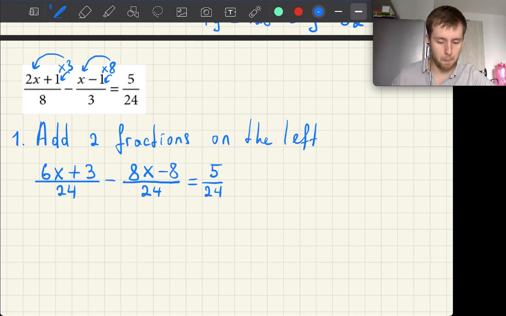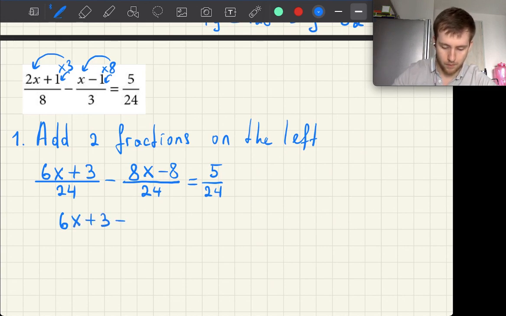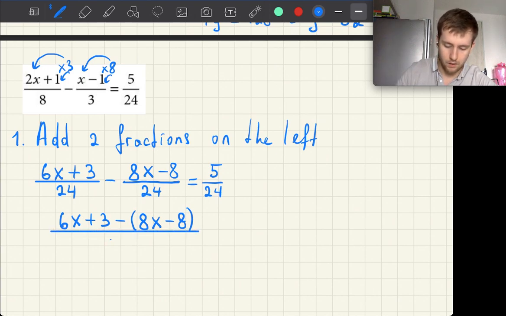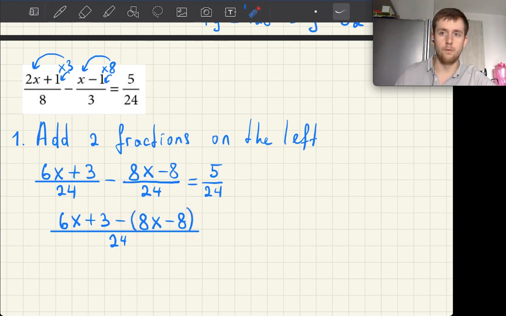Now, a little bit of a tricky thing. I feel like some people would have questions about this. When we subtract them, make sure that you keep the brackets before 8x minus 8. When we bring these two fractions together, make sure you have brackets here. Why? Because there's a minus here. When there's a minus, everything after the minus changes sign.